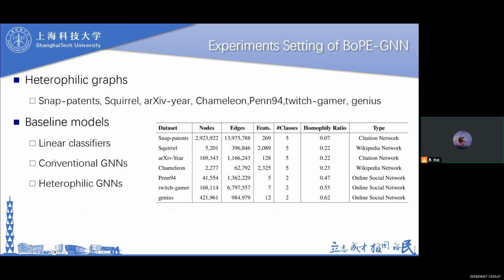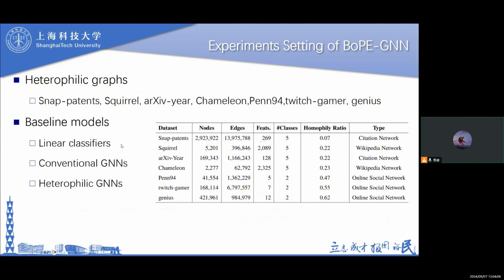Here are our experimental results, and we use heterophilic graphs with different sizes. The largest heterophilic graph is snap-patents with 2 million nodes and 13 million edges here.